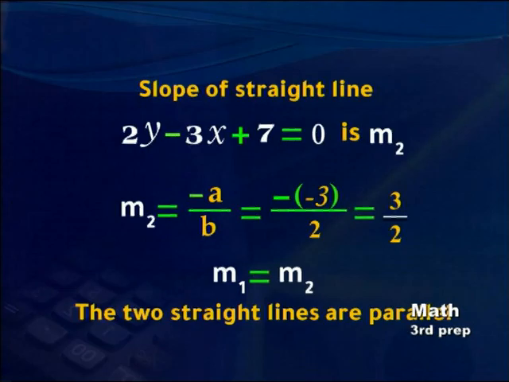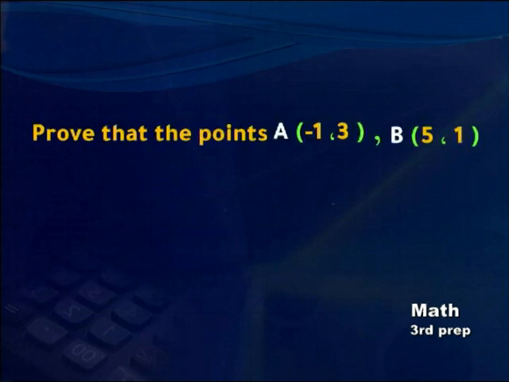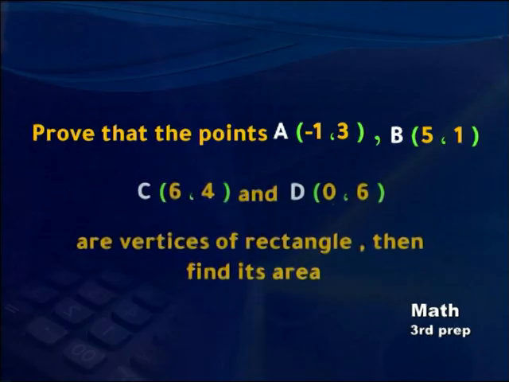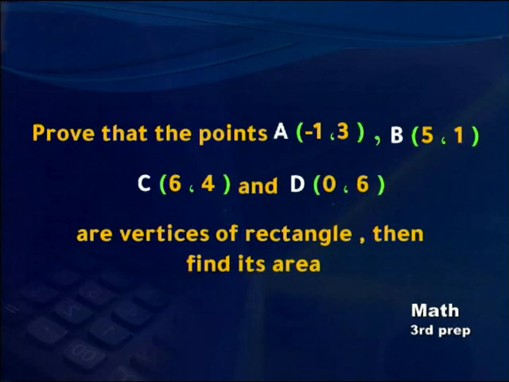Let us have another example. Prove that the points A(-1, 3), B(5, 1), C(6, 4), and D(0, 6) are vertices of a rectangle.